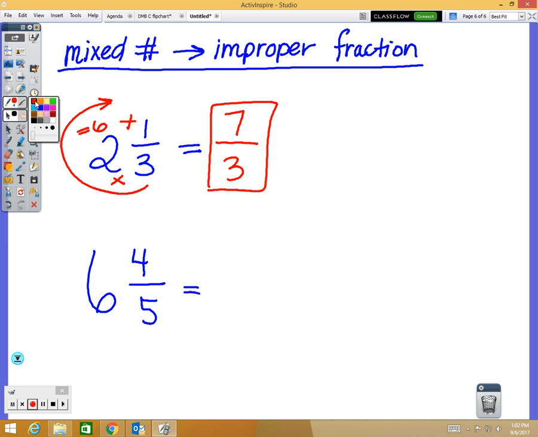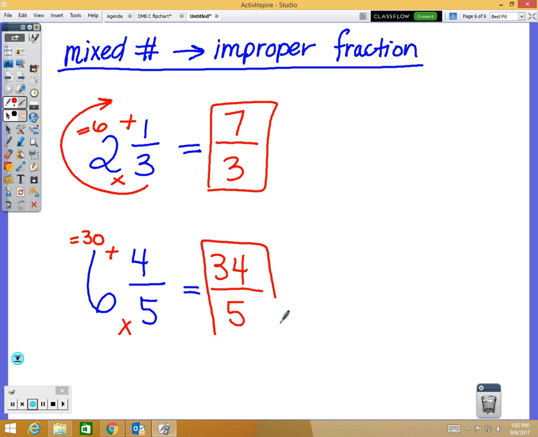Someone I don't usually call on. Kenzie! 6 times 5 is 30. Who wants to tell me the second step? Someone that I don't usually call on, Rihanna. 30 plus 4 equals 34. And my denominator stays the same.